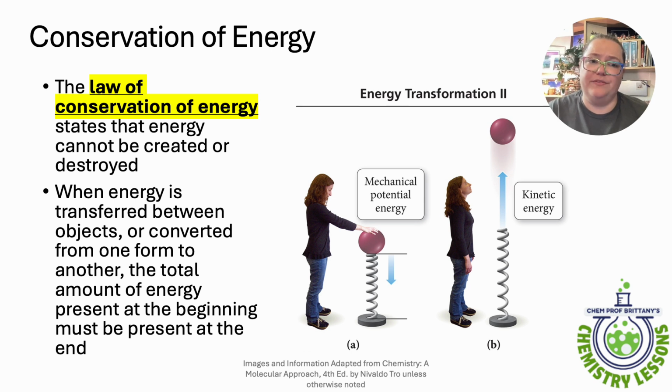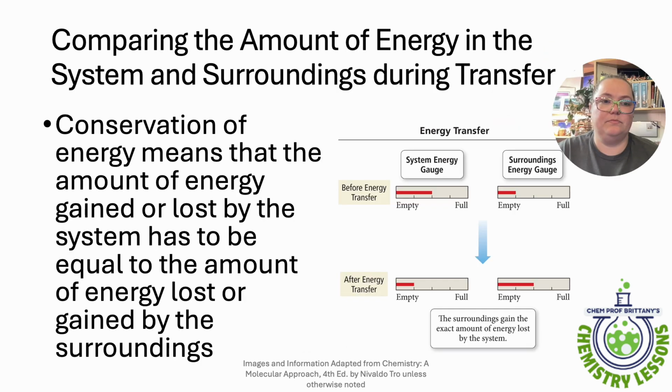Now, the law of conservation of energy states that we can't create or destroy energy. So when energy is transferred between objects, converted from one form to another, or whatever, the total amount of energy does not change. We just have to think differently about how we think about that energy. For example, conservation is shown here between a system and the surroundings.